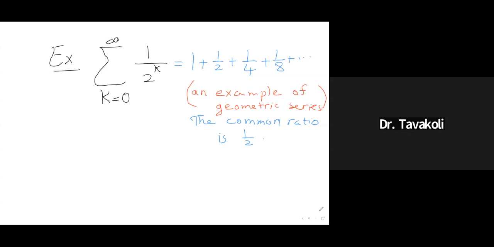Let's see another example. Suppose I have a sigma of 3 to the power of k, and k runs from 1 to infinity. Let's write the first four terms.